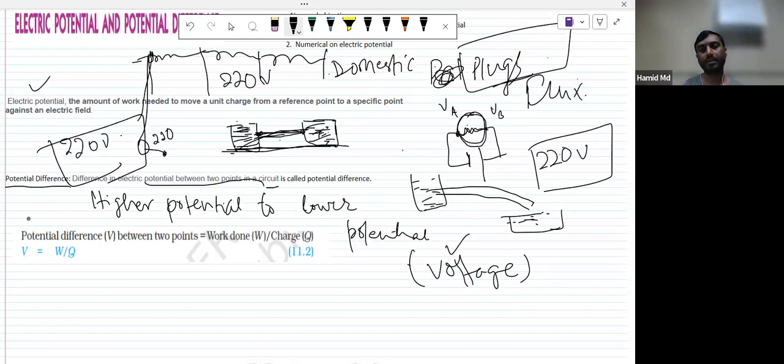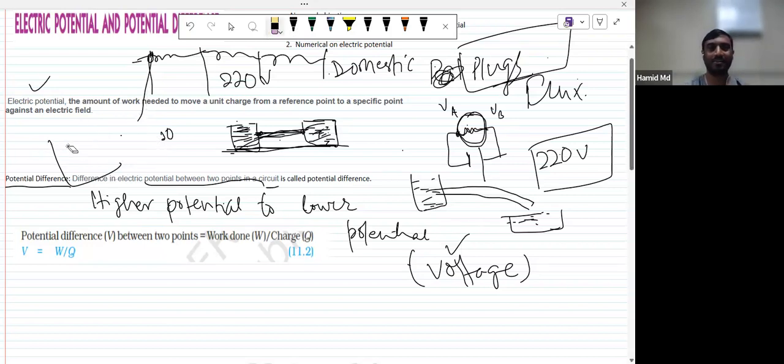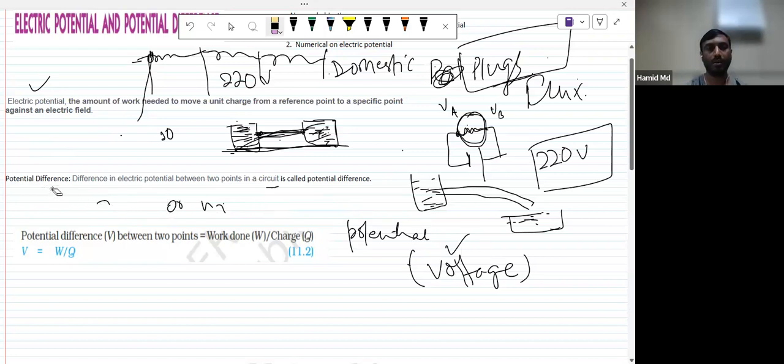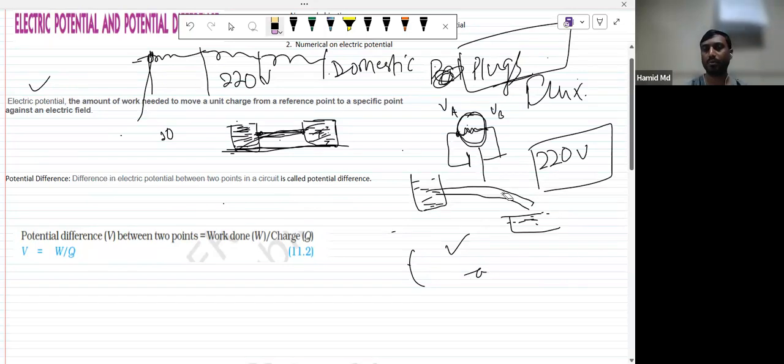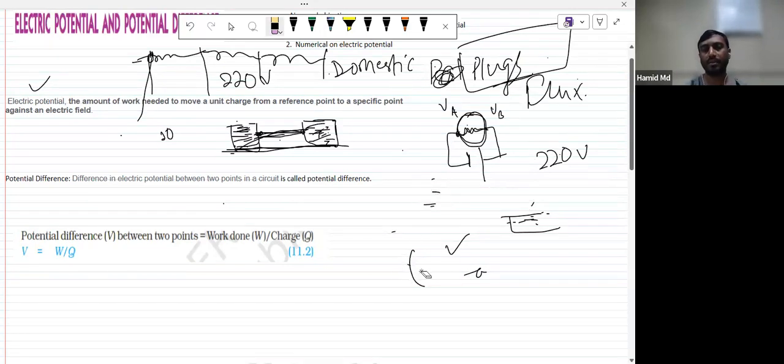You may see a mobile charger or any apparatus with 220 volt written. If it is more than 220, it will burn. That's why in domestic supply it is 220 volt. Otherwise you may say a 1 lakh volt power supply. There are different types of power supplies, but in domestic use we are only given 220 volts.